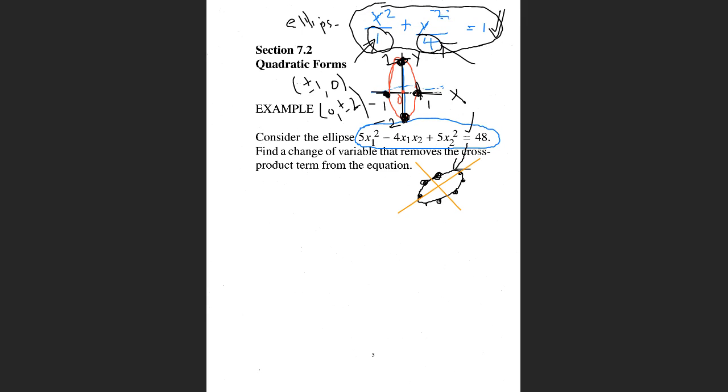Okay, what we want is a geometric view of the principal axes. First thing we're going to do, what do we have to identify for this ellipse?